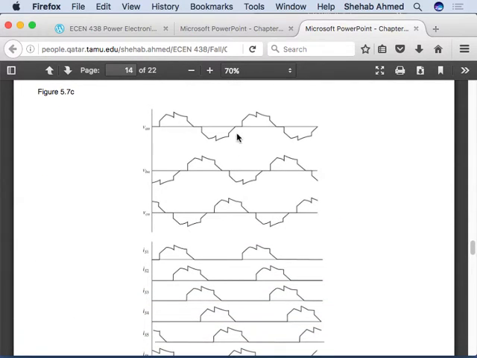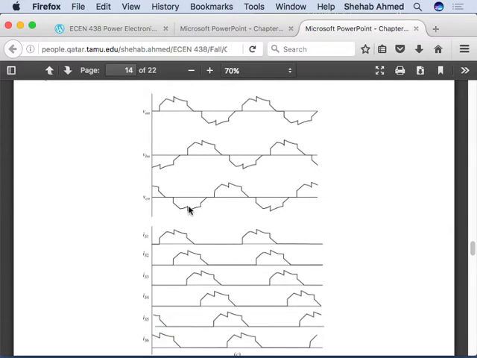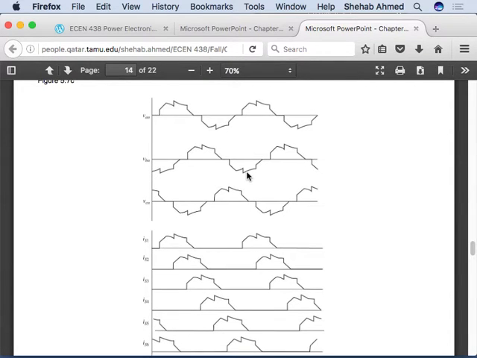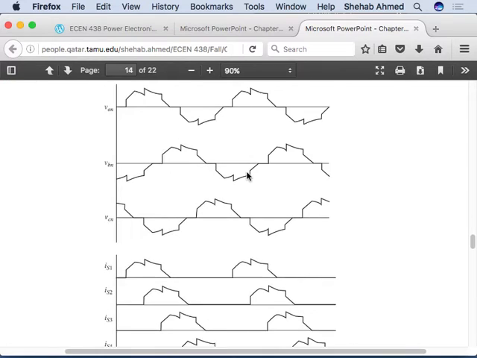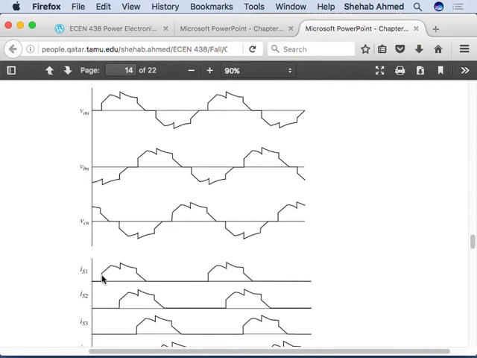So we drew this voltage waveform, and of course phase B and C will be exactly the same as phase A, but phase shifted with respect to phase A. And the corresponding device currents, of course, how would you draw current in switch 1?